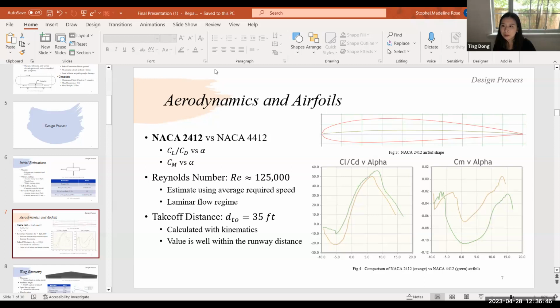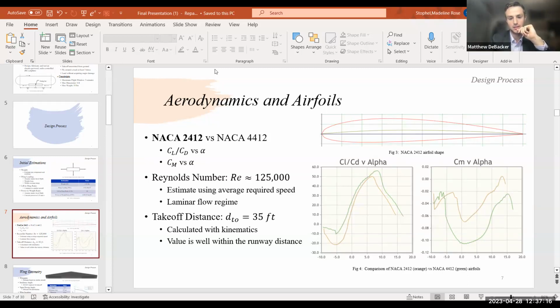From these two graphs, you are giving us two comparisons and showing us that actually the 4000 series is better. You need to give us a better explanation of why you are showing these two comparisons while you choose the other one. Yeah, I can try.